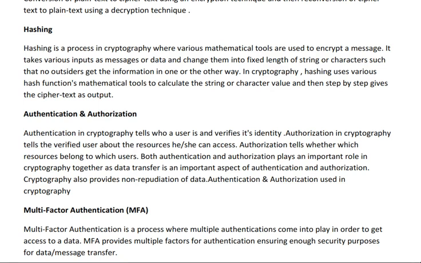Multi-factor authentication means that multiple authentication steps come into play in order to access the data. It also provides security for data as well as message transfer.